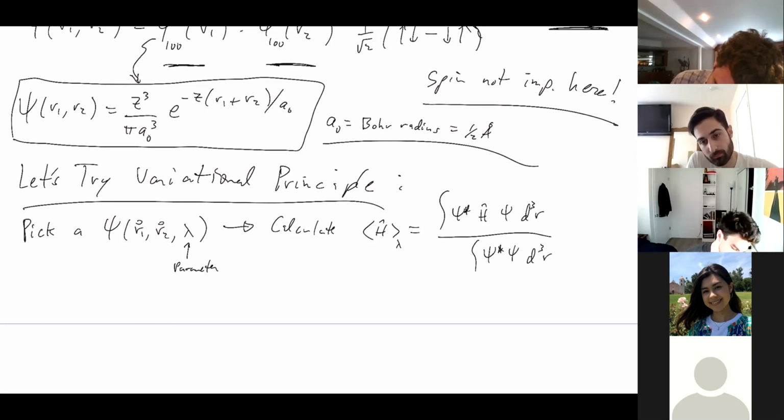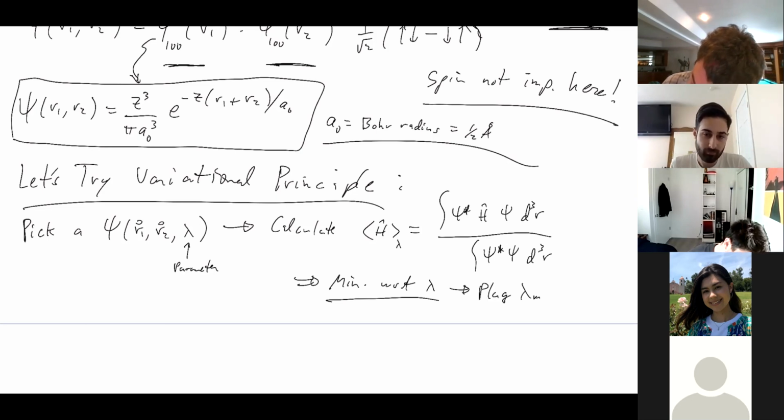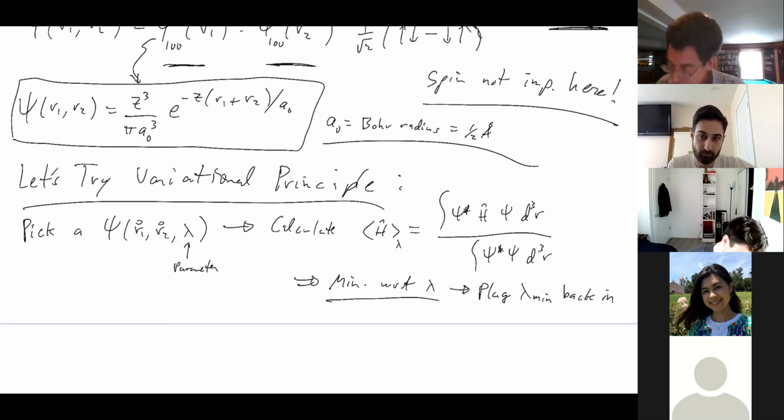And then we're going to minimize with respect to lambda. And then we'll plug the thing we get back in. Okay, that's what we're about to do.